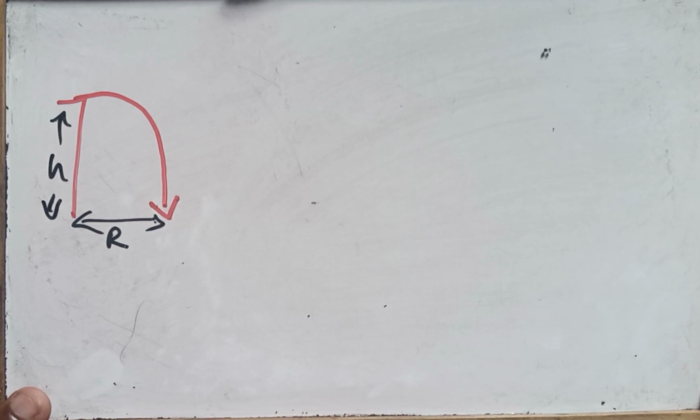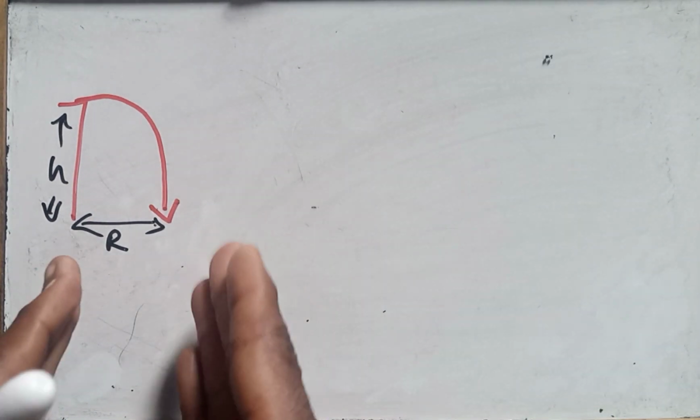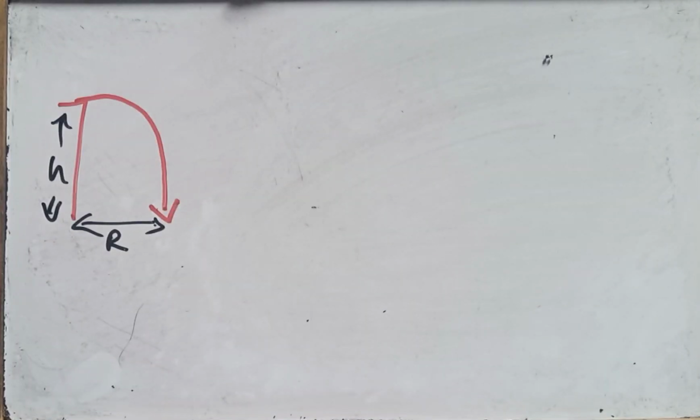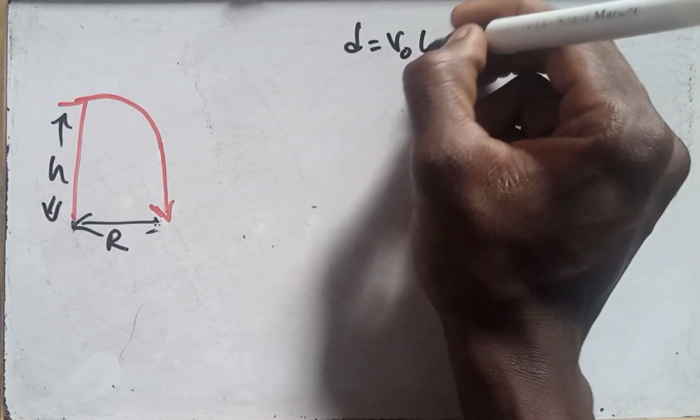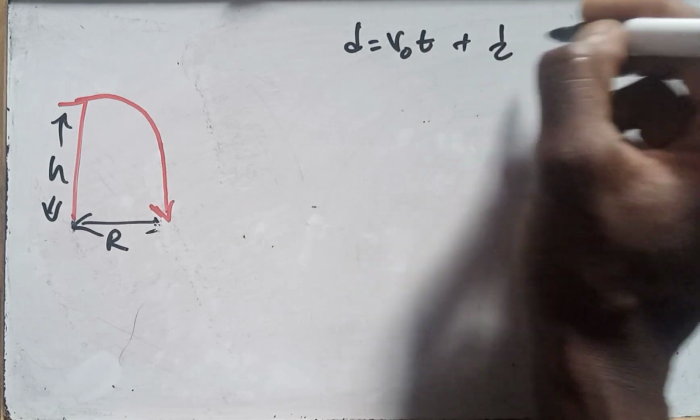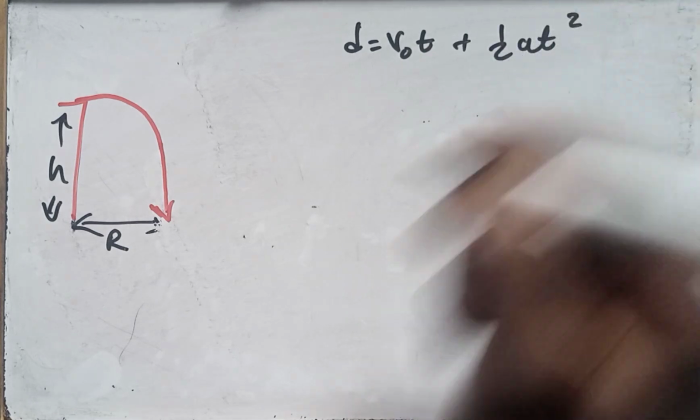If you have been given a problem that involves this type of projection, and you have been asked to find the height or the time, we use the equation d is equal to v initial times t plus half at squared.